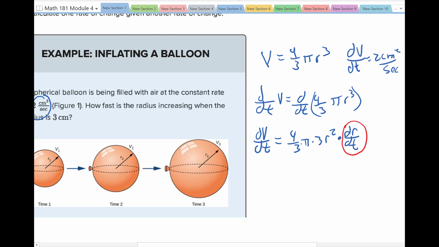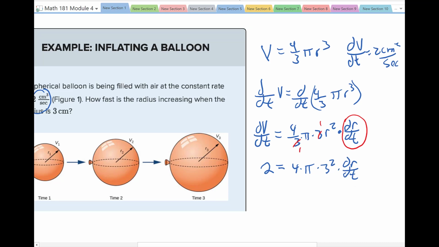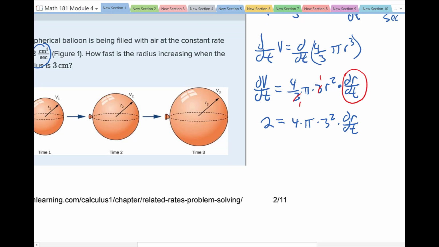Everything else we actually have a value to substitute in. The dV/dt we said was 2. Then, this is nice, this 3 can divide out with that 4/3's 3, and we end up with 4 pi r squared. So it's 4 times pi times the radius, which was 3 centimeters, squared, times dr/dt. Again, the goal is to solve for dr/dt.